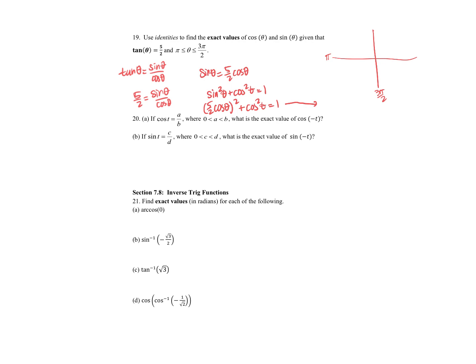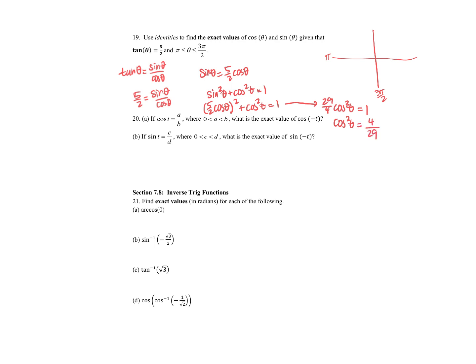And so I will have 25 fourths plus 4 fourths, so 29 fourths cosine squared theta, just combining like terms, equals 1. So I can multiply that over, and I get cosine squared theta is equal to 4 over 29.